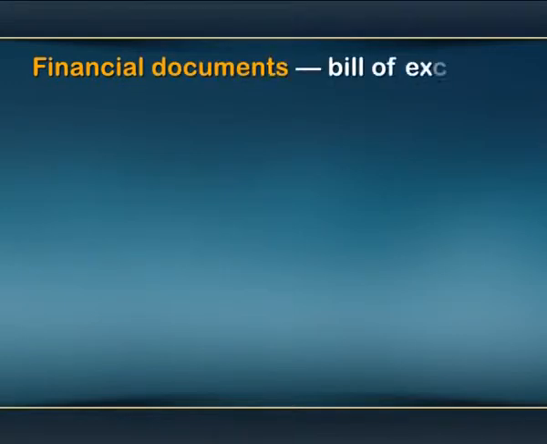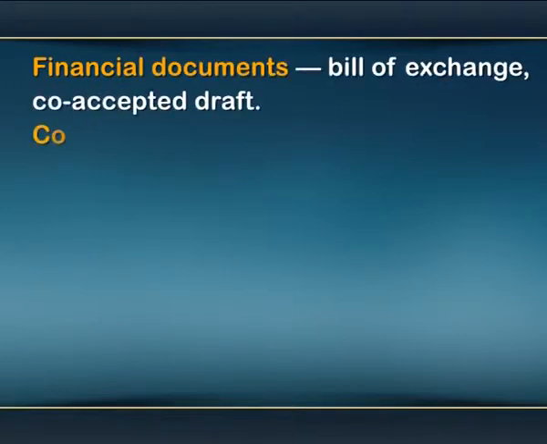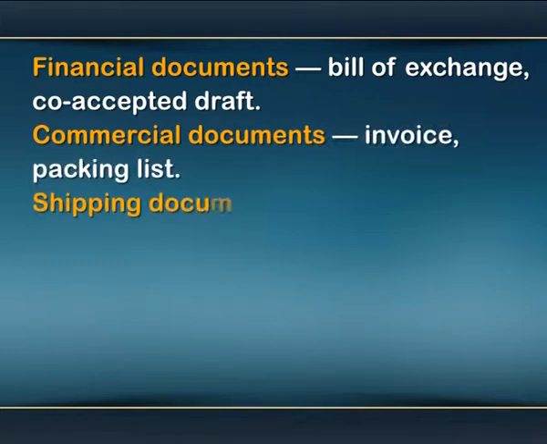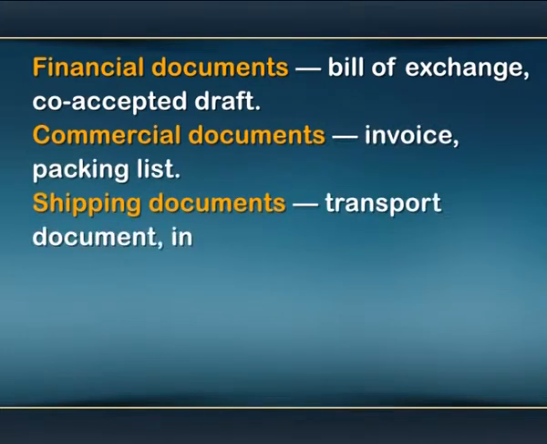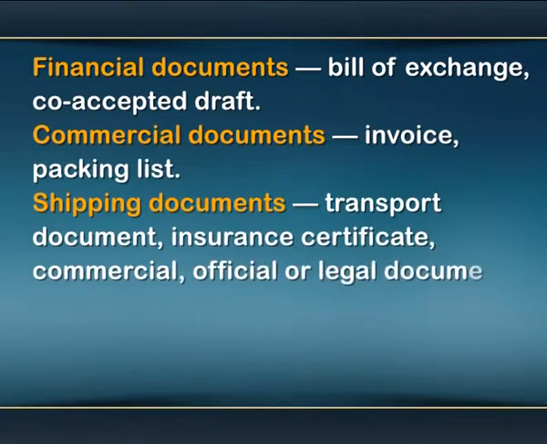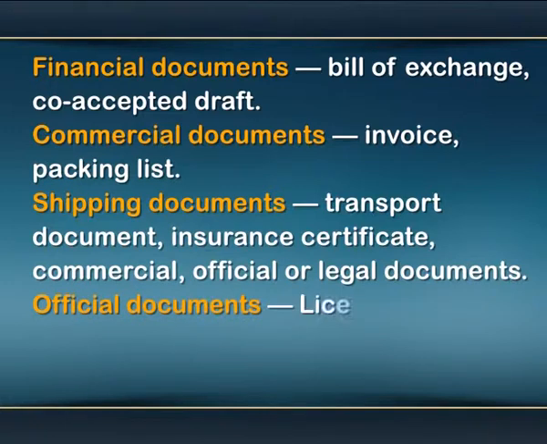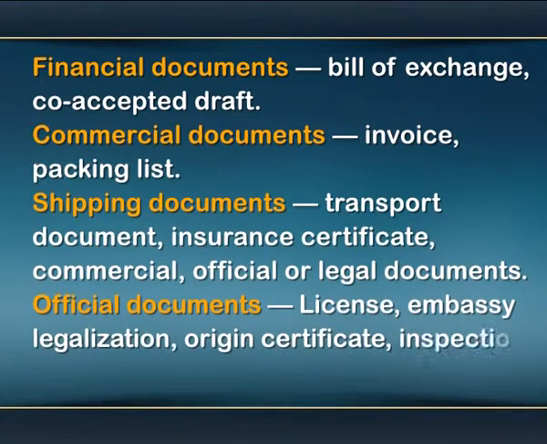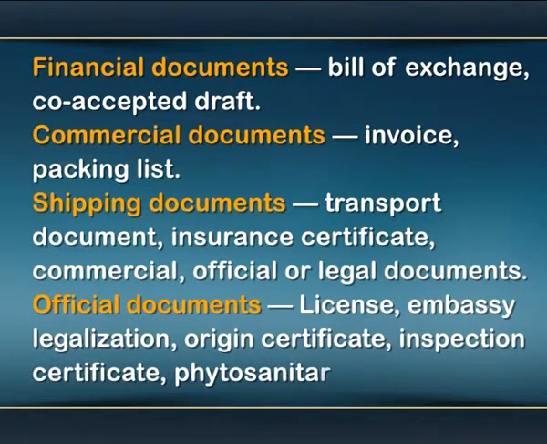Typical types of documents in such a contract include financial documents, bill of exchange, co-accepted draft; commercial documents, invoicing, packing list; shipping documents, transport documents, insurance certificates; commercial, official or legal documents. Official documents: license, embassy legalization, origin certificates, inspection certificates, phytosanitary certificates.